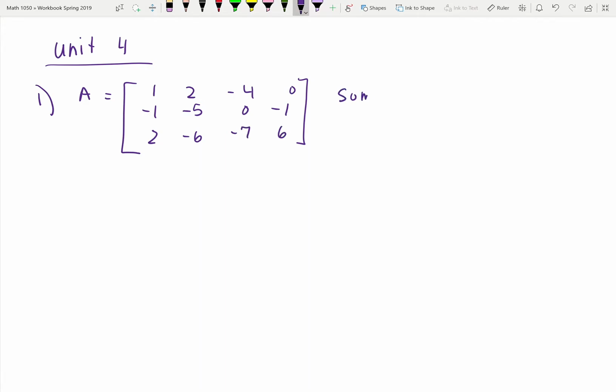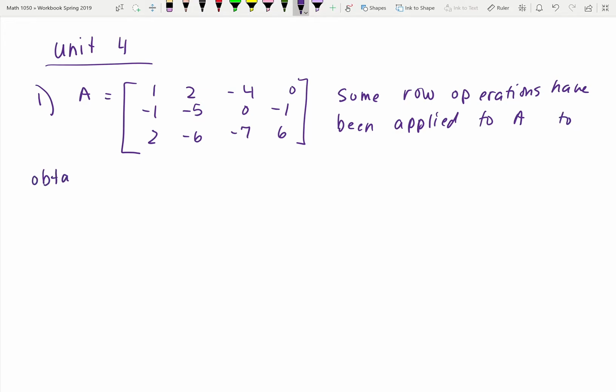It says some row operations have been applied to A, meaning matrix A, to obtain this matrix: 1, 2, negative 4, 0; negative 1, negative 5, 0, negative 1; 0, negative 10, x, and y.